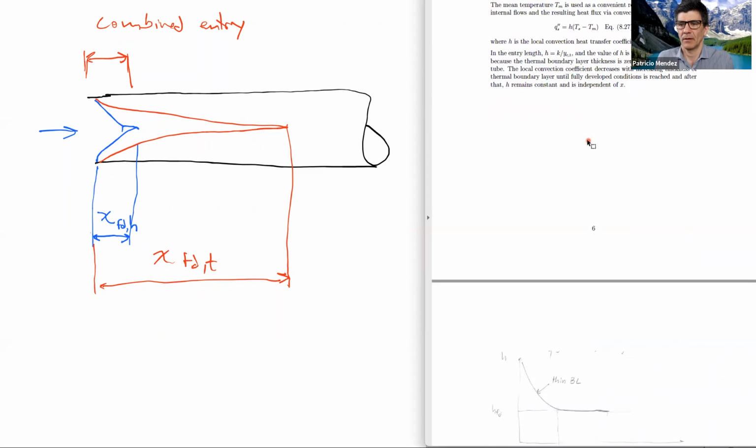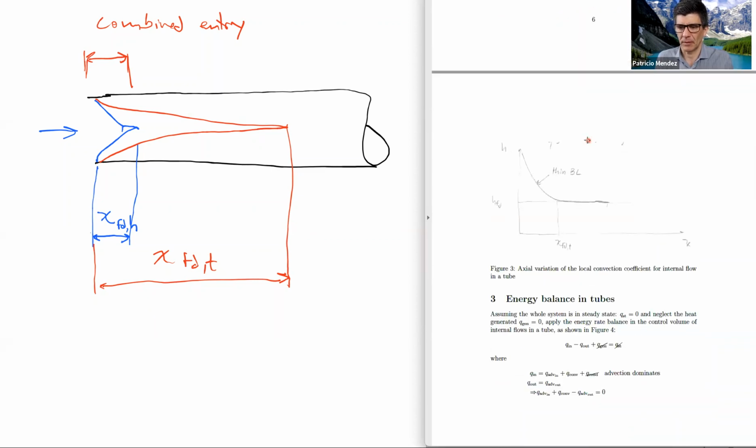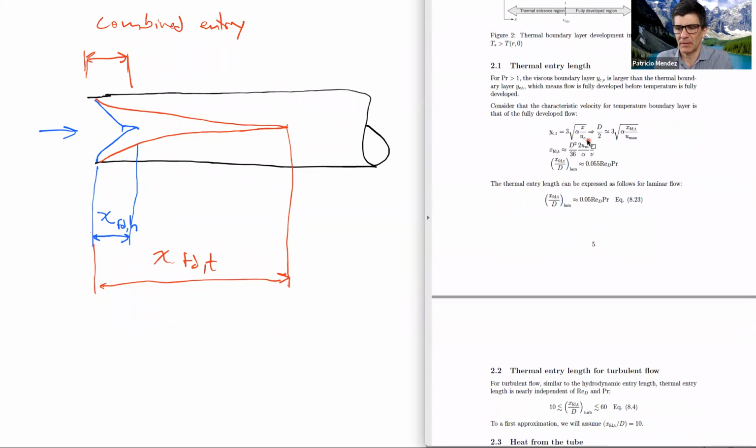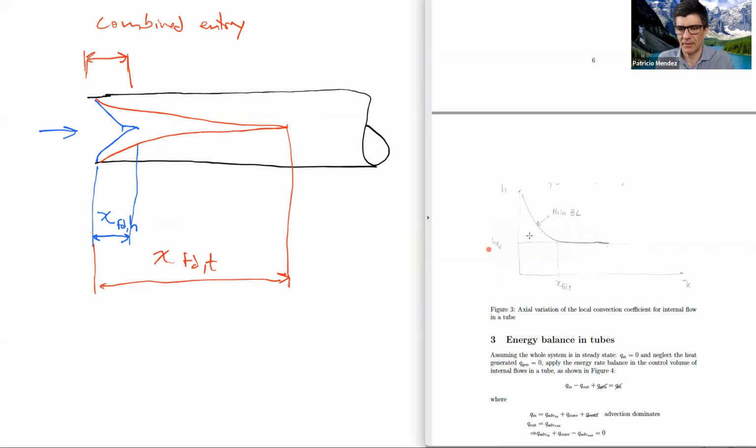So, something interesting, this is a figure down here related to what we were discussing before about the entry length. We know from our experience with flat plates and external flows that at the leading edge, the boundary layer is thin.